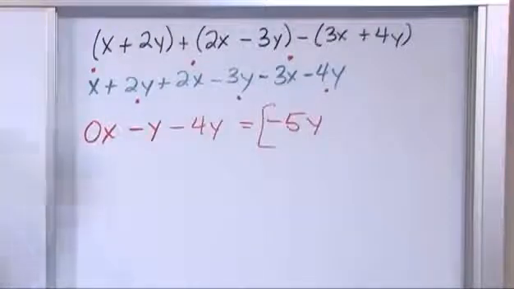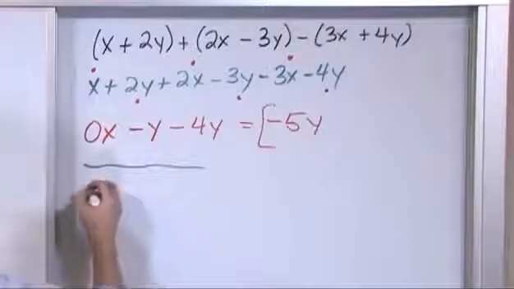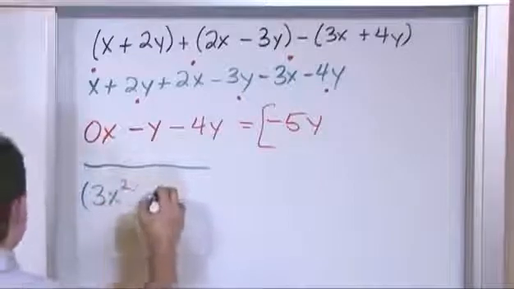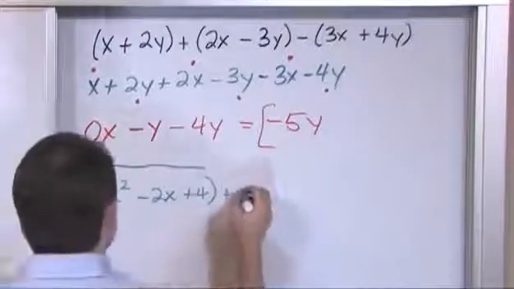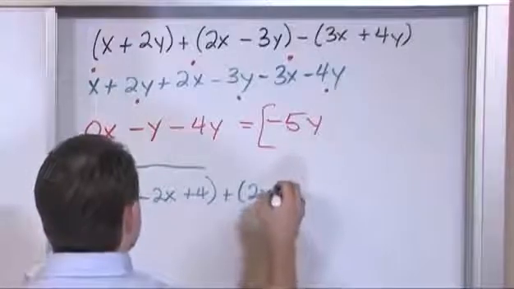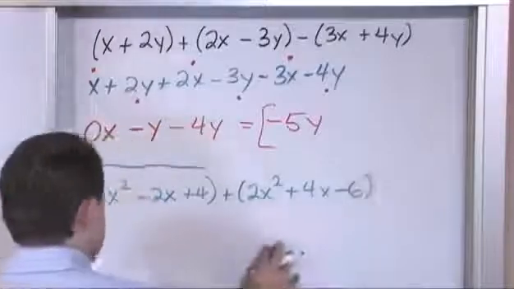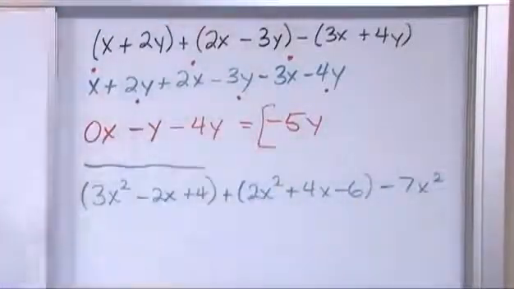All right, the last problem of this section is going to be sort of a monster, just to give you a challenge. 3x squared minus 2x plus 4, plus 2x squared plus 4x minus 6, minus 7x squared. So we want to collect those terms.